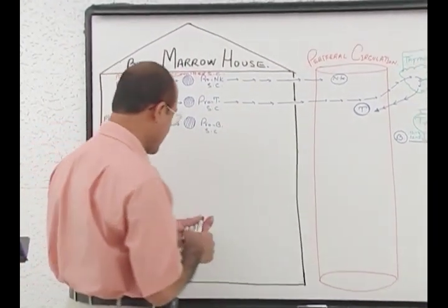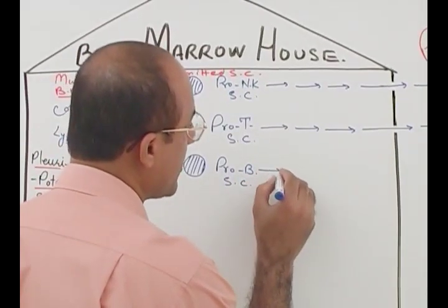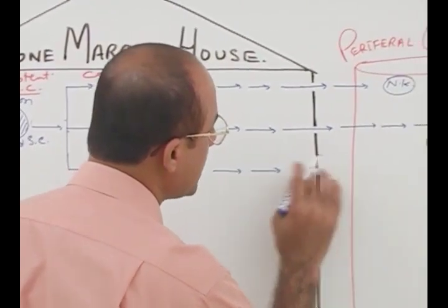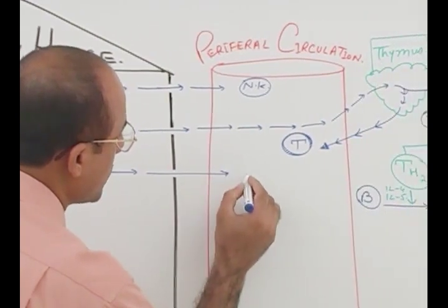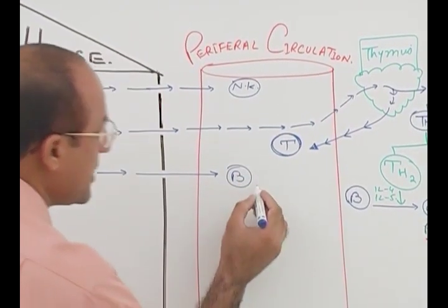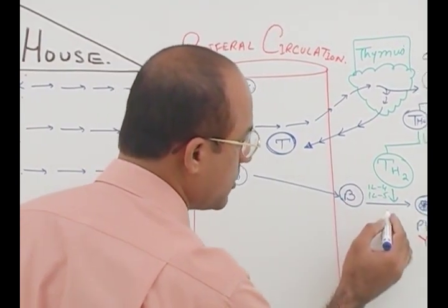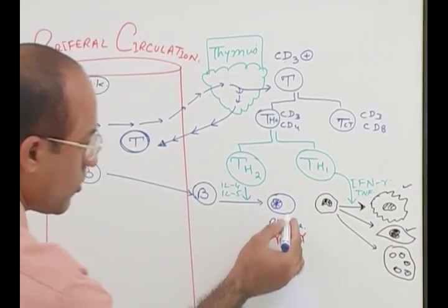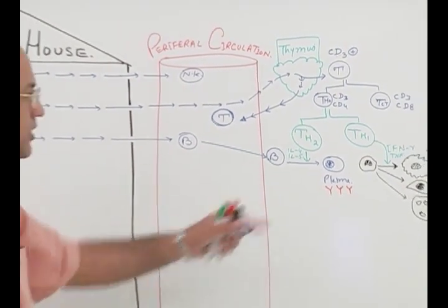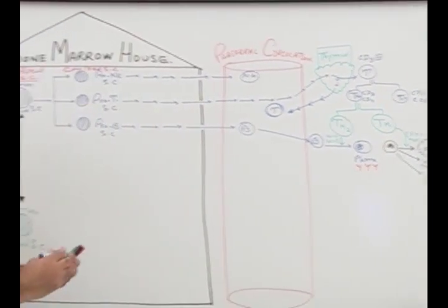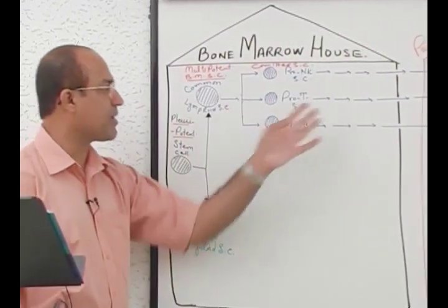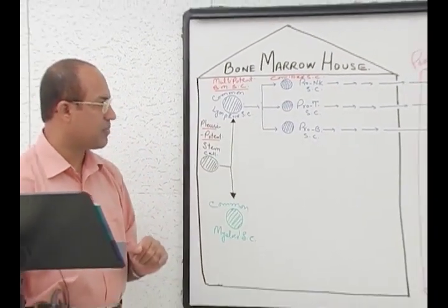When these pro B cells are activated, they mature in bone marrow and are converted into B cells. But we have already seen that when these B cells are acted upon by the T helper 2, they can convert into plasma cells and produce the antibodies. So this was very briefly about the lymphoid cell production.